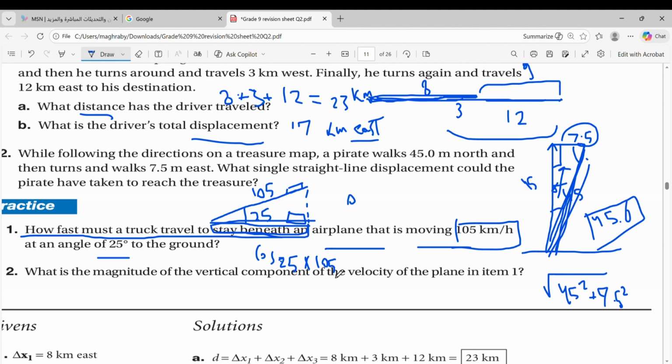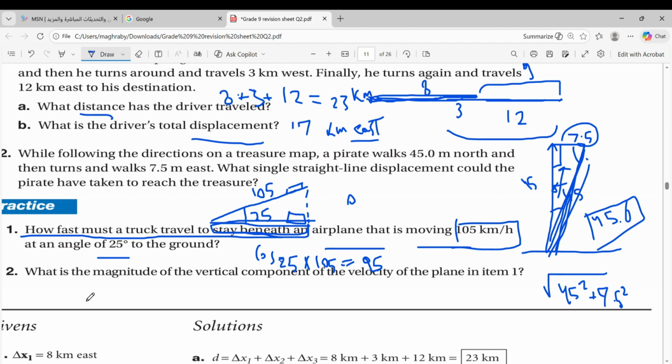Okay, so cosine theta, cosine 25 times 105, it will be 95. So the answer will be 95. Means what? That this truck must get a velocity of 95 to stay beneath this airplane.